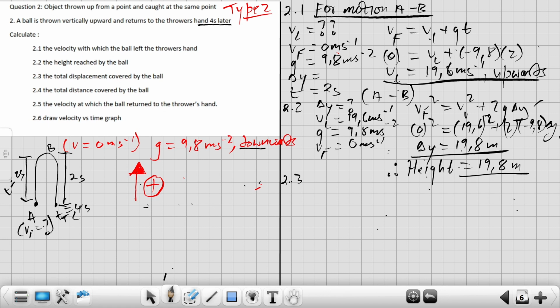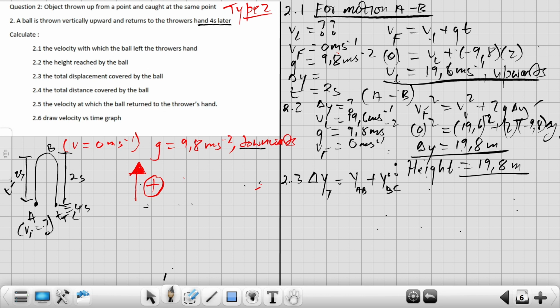Now, the answer here is 0, but I'm going to try and explain it in this way. Total displacement is just the displacement for AB plus now the displacement for BC.